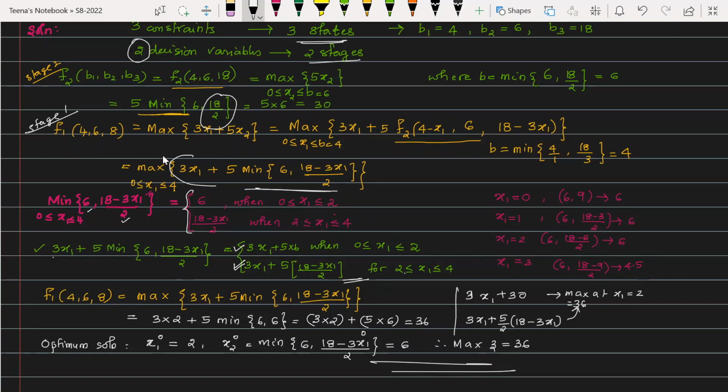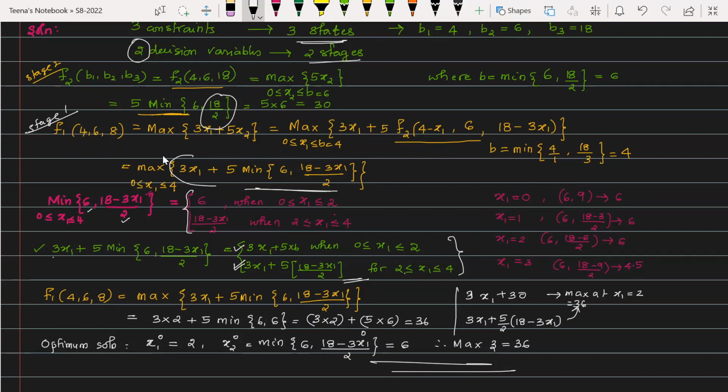Now we proceed to find F1(4, 6, 8). F1(4, 6, 8) is the maximum of 3x1 plus 5 into minimum of 6 and 18 minus 3x1 by 2. So you can see that this expression attains a maximum value at x1 equal to 2.